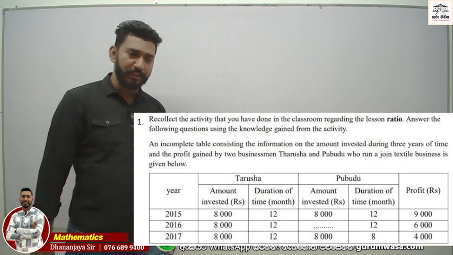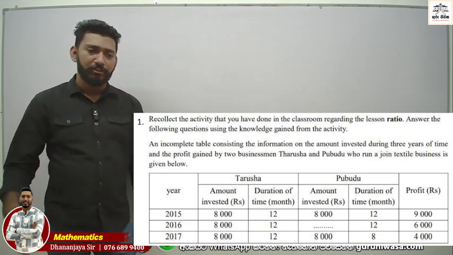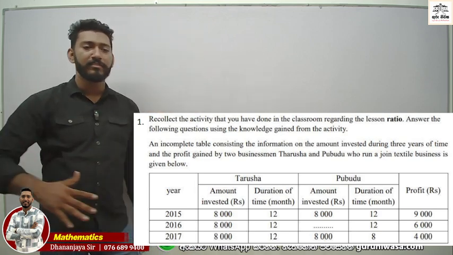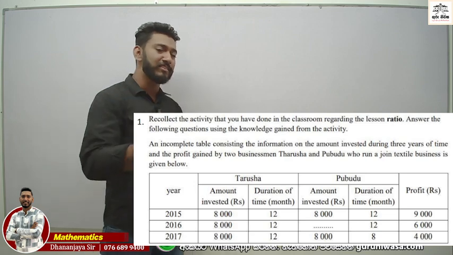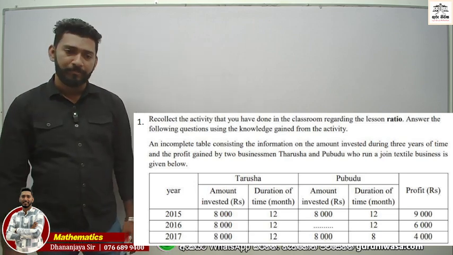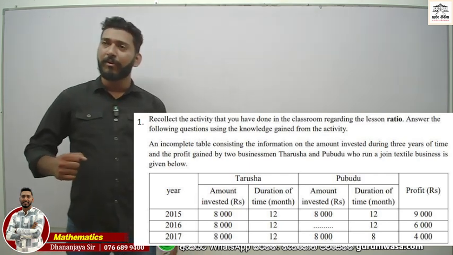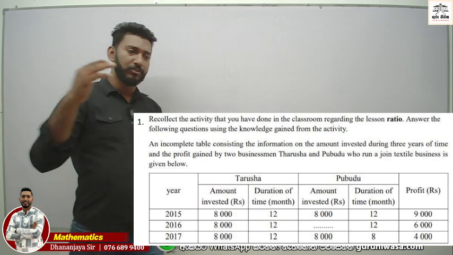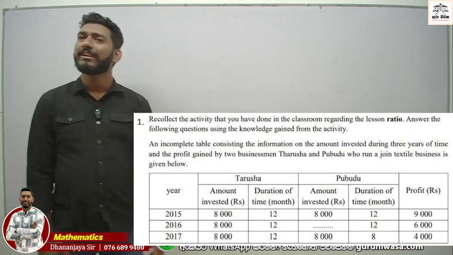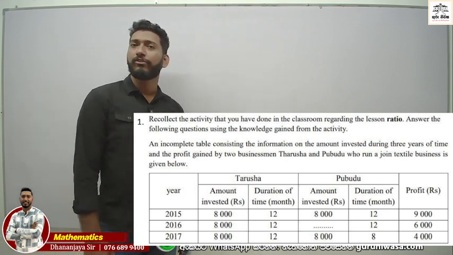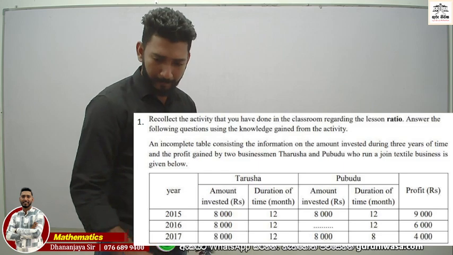Duration of the time as a number of months: 12 months in 2015, 12 months in 2016, and 8 months in 2017. And the profit of 2015 is 9,000, the profit of the year 2016 is 6,000, and the profit in 2017 is 4,000. Those are the details, right?